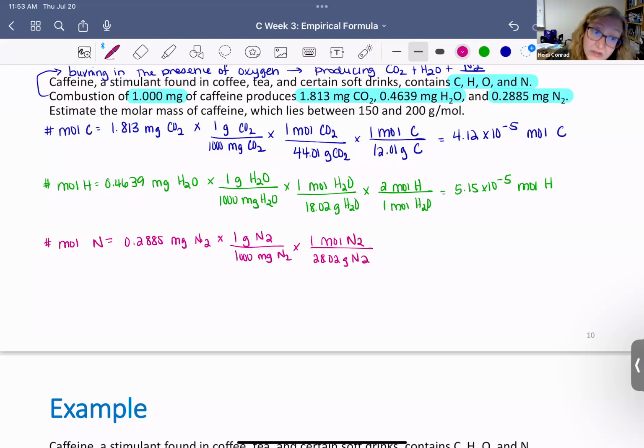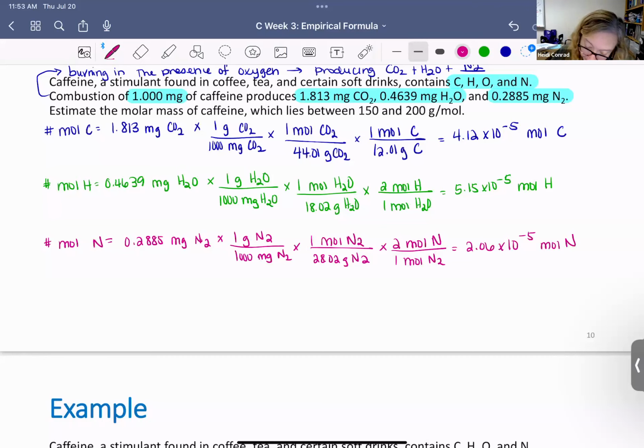And I have 2 nitrogens for every 1 mole of N2. Gives me 2.06 times 10 to the minus 5 moles of nitrogen.